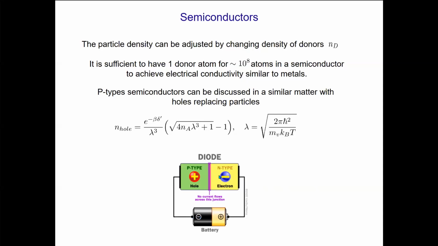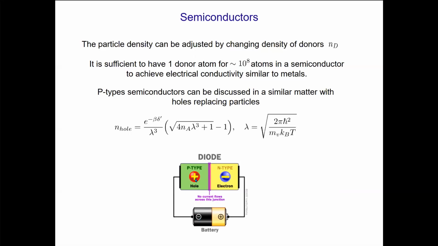If we now change the polarity of the battery, then all holes want to go in this direction and all electrons will go to this direction. And at the junction, they will annihilate each other, and as a result, there will be a current. So a diode has a one-direction conductivity.